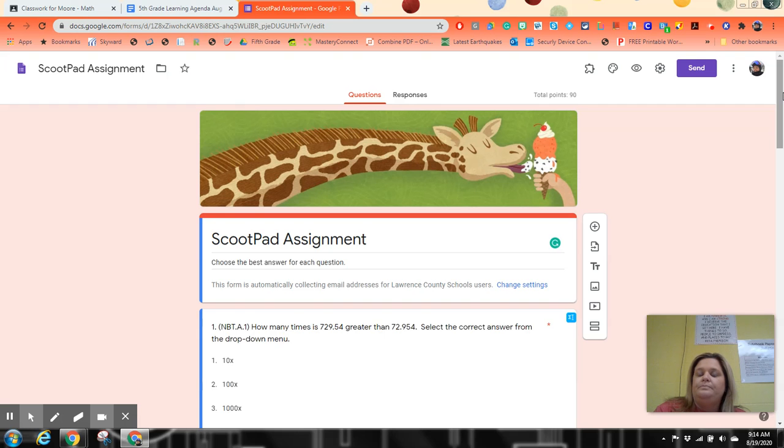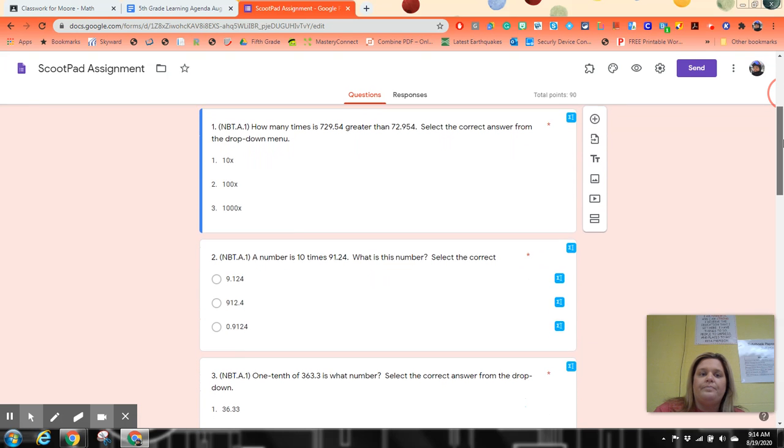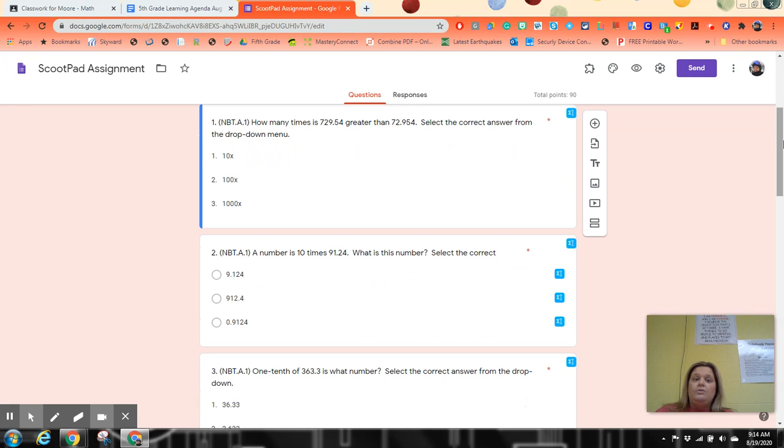For this, all you have to do is select the correct answer. Like number 1, it goes with the first standard. Number 2, 3, and 4 all go with NBT 1. That was the first thing we talked about. It's basically moving your decimal.